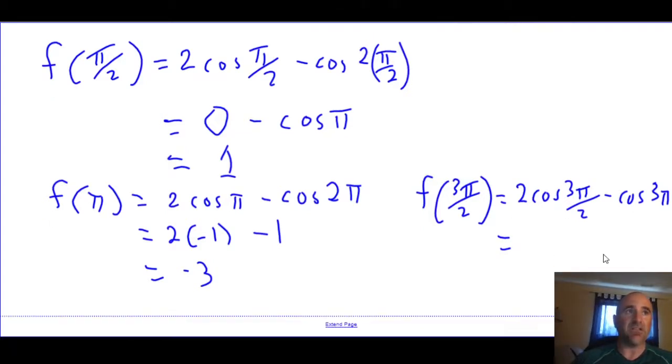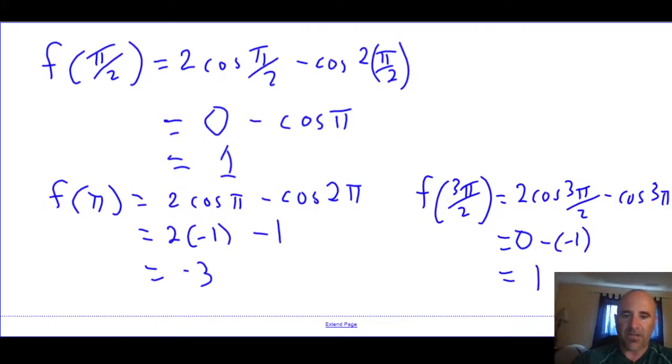That's definitely equal to 0. So 2 times 0, which is 0. And cosine of 3 pi. So think about 3 pi. You've gone 2 pi, and then you go another pi. You're at 180 degrees, which is the same as pi. It's -1. And so we get +1.